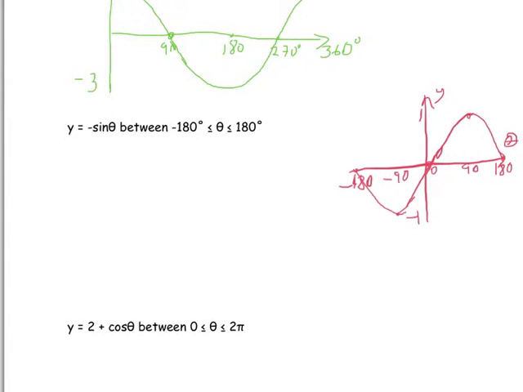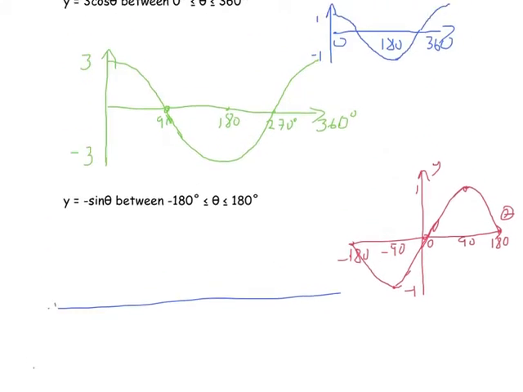But we're asked to do y equals minus sine theta. So all our values are going to be multiplied by -1. Sine of 90 is 1, and if we multiply that by -1, it will be -1. So basically, it's our original graph reflected in the x-axis, or the axis where theta is in this case. So our sketch would be like this, between 1 and -1. Of course, what I've done there is not accounted for the fact that we're going from -180 to 180.